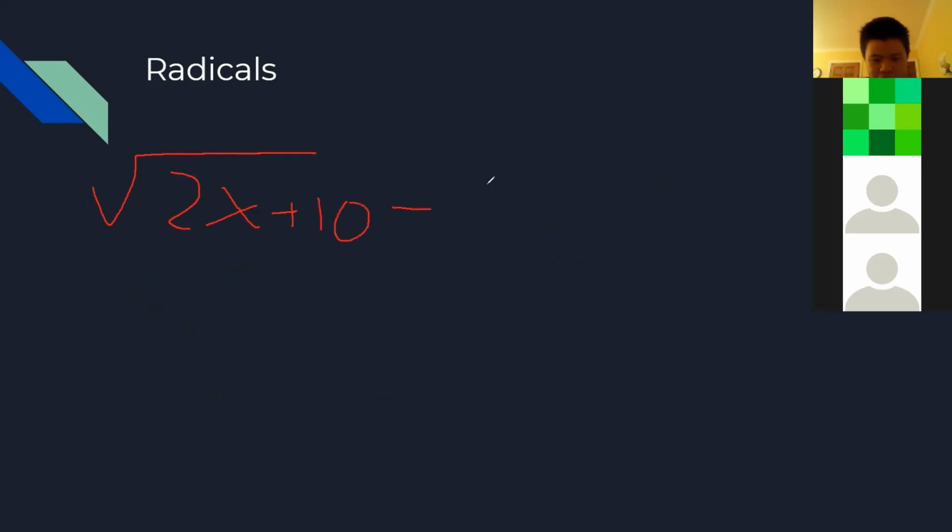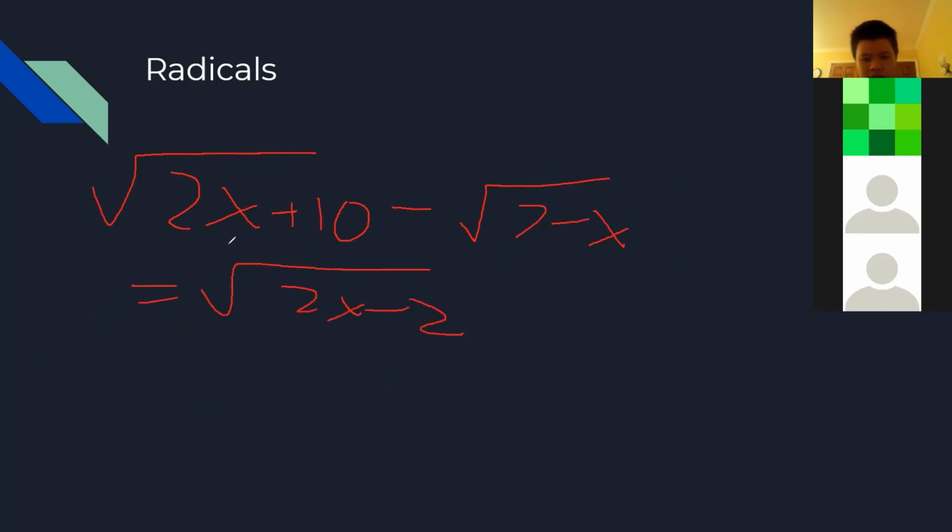And more on radicals, but solving equations with radicals. So let's say we have something like this. So what do we do here? We can't really square this to get rid of this side without screwing this side over, because it'll become a mess.